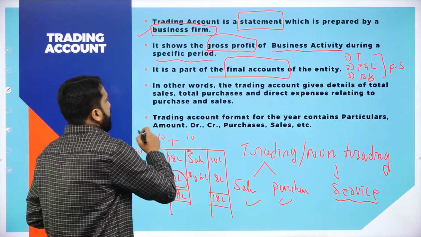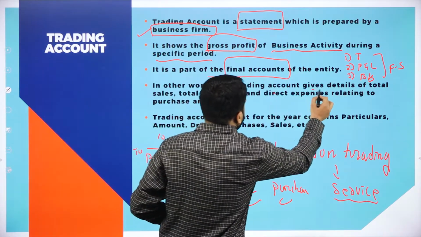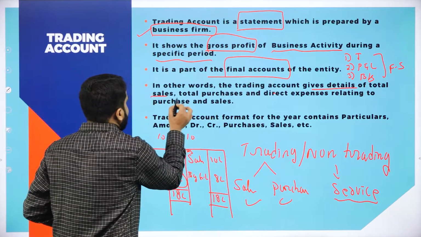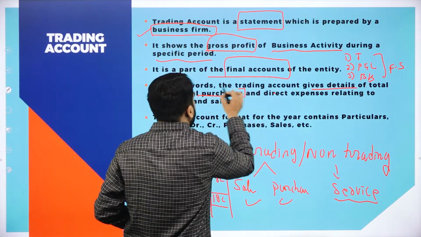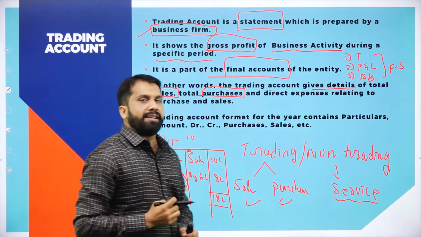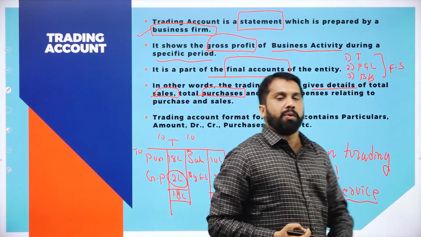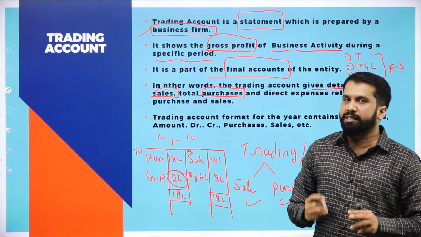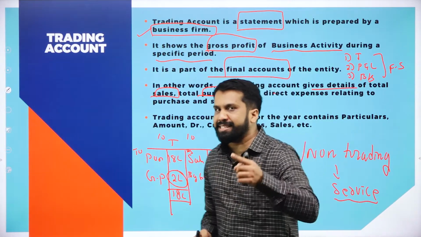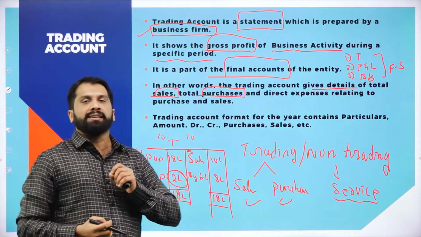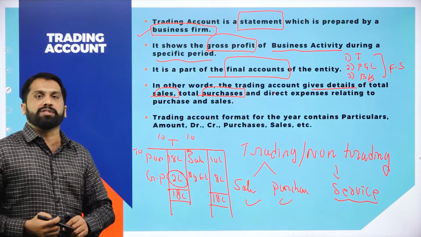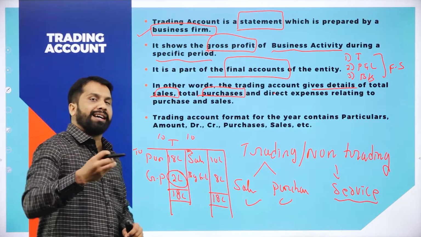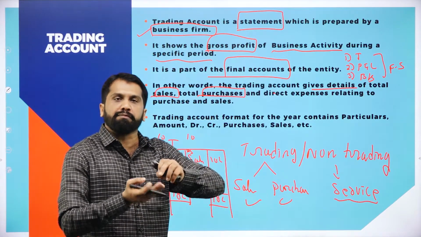In other words, trading account gives detail of total sales and total purchases. In trading account, you will get to know what your total sales and total purchases are. I'll explain more in the next slide. It may be cash or credit purchase, total of these two.